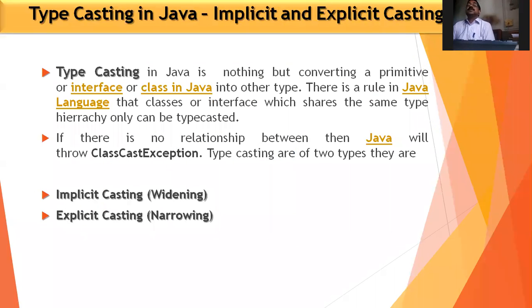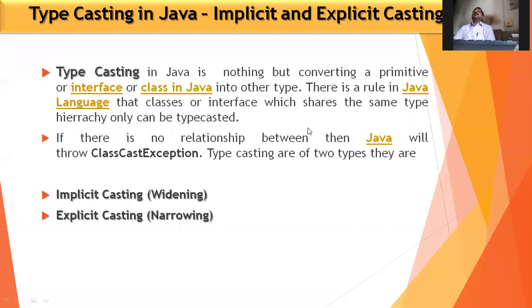Typecasting in Java is nothing but converting a primitive, interface or class into another type. There is a rule in the Java language that only classes or interfaces which share the same type hierarchy can be typecasted.